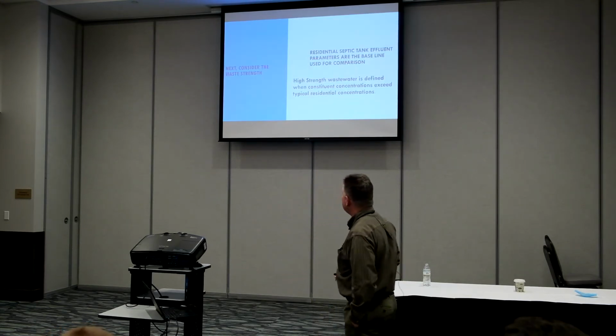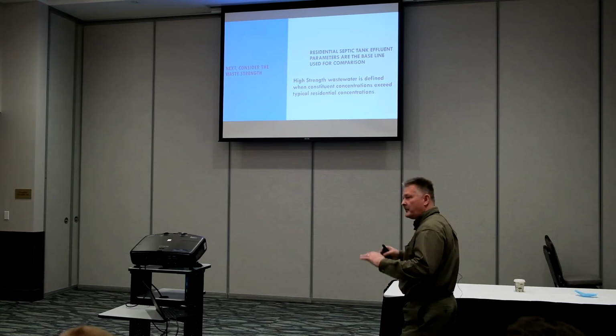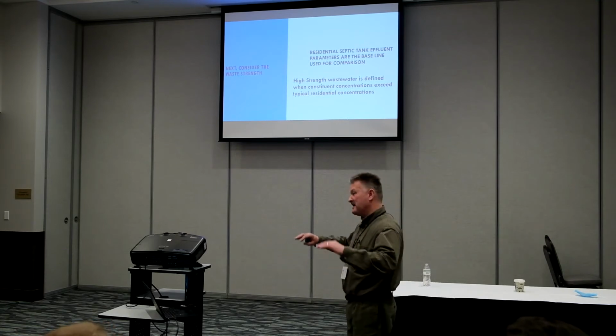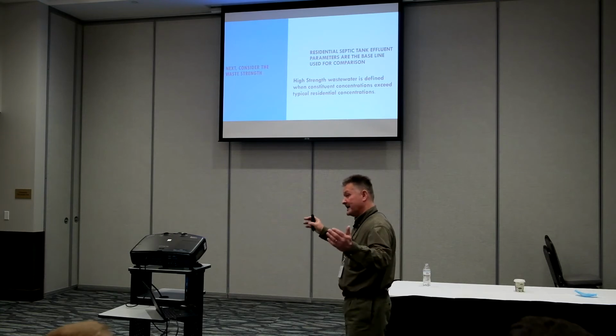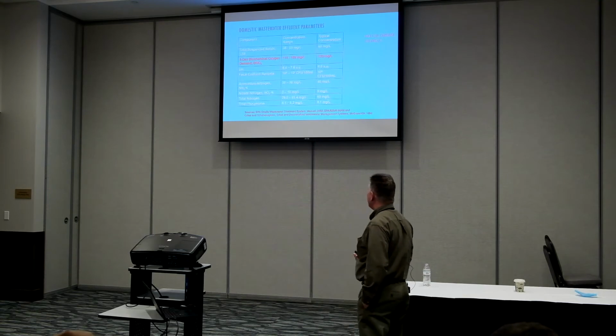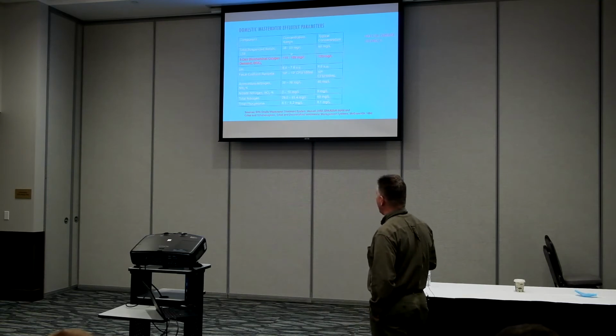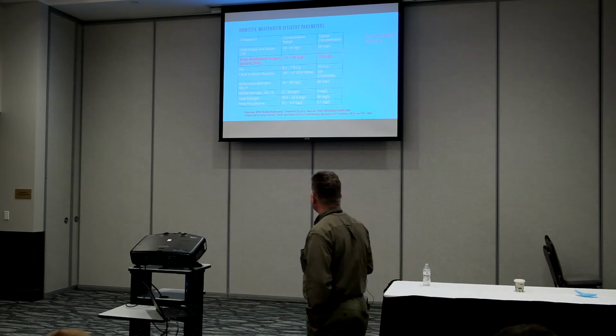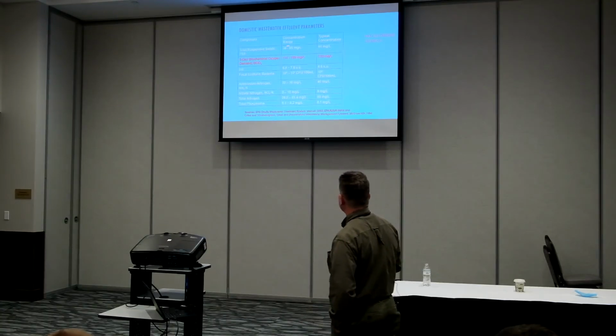So let's consider waste strength. Again, we use residential values as the baseline measurement. Anything above that, we would consider high strength waste. So here's a chart. We're primarily going to be concerned with the biochemical oxygen demand when we're evaluating waste strength, and fat, oil, and greases, and suspended solids.